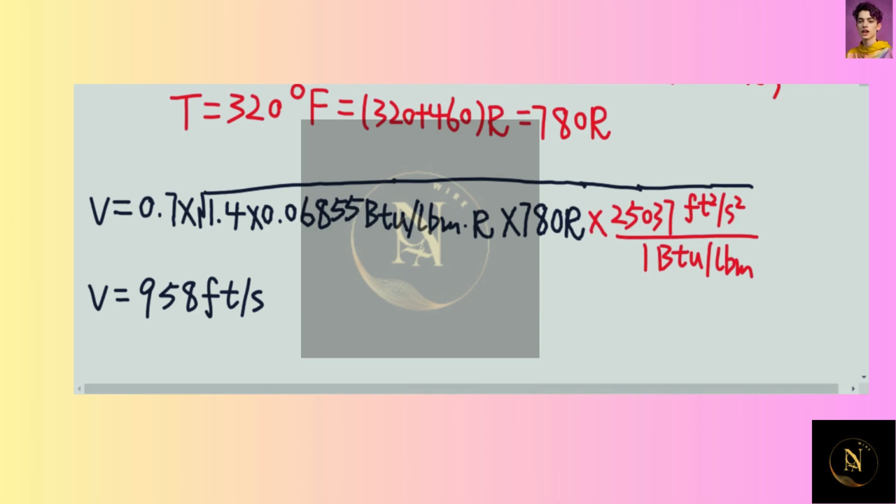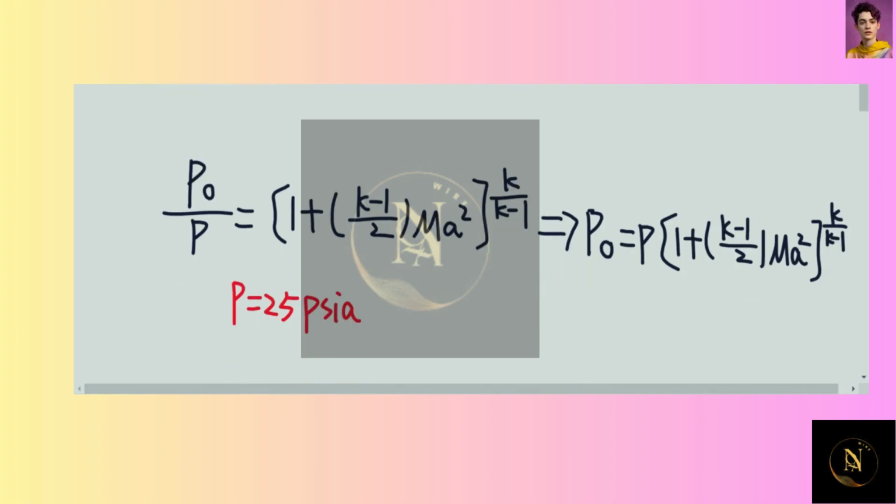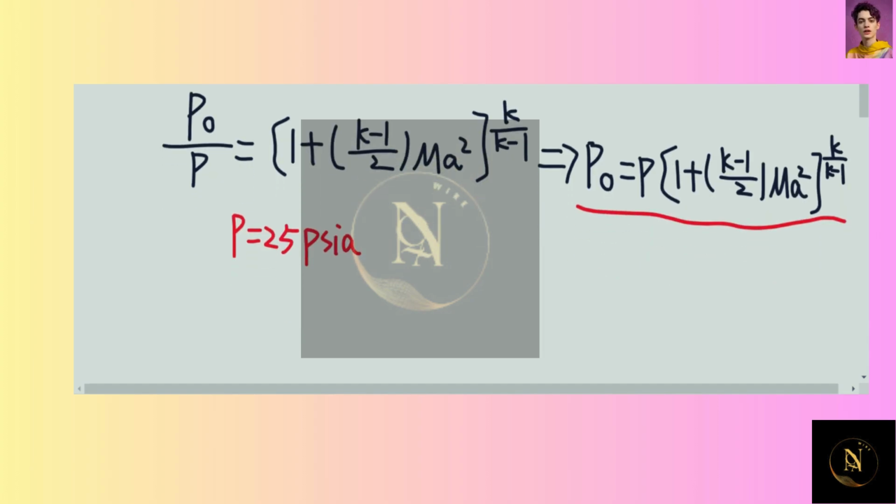So now let's take a look at the stagnation pressure. The stagnation pressure is equal to P times (1 plus (K minus 1) over 2 times Ma squared) to the power of K over K minus 1. We know the pressure is given as 25 psia.